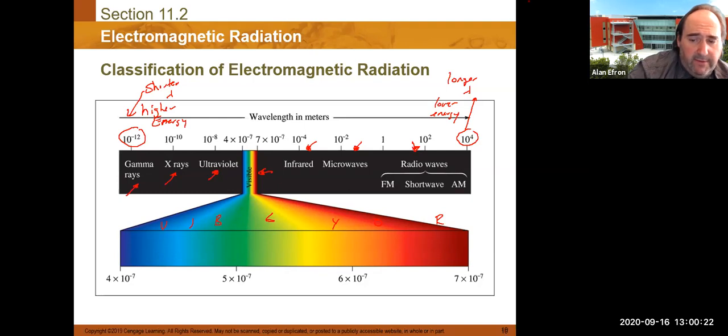We need to block those really strong ultraviolet rays that have a lot of energy and cause a lot of damage. X-rays, that's why when you take X-rays, they put a lead vest on you and they leave the room when they take the X-ray. Very high in energy. And like I said, gamma rays are basically just pure energy, super high in energy, as high as you could kind of get. So as we go from right to left, energy is getting higher.